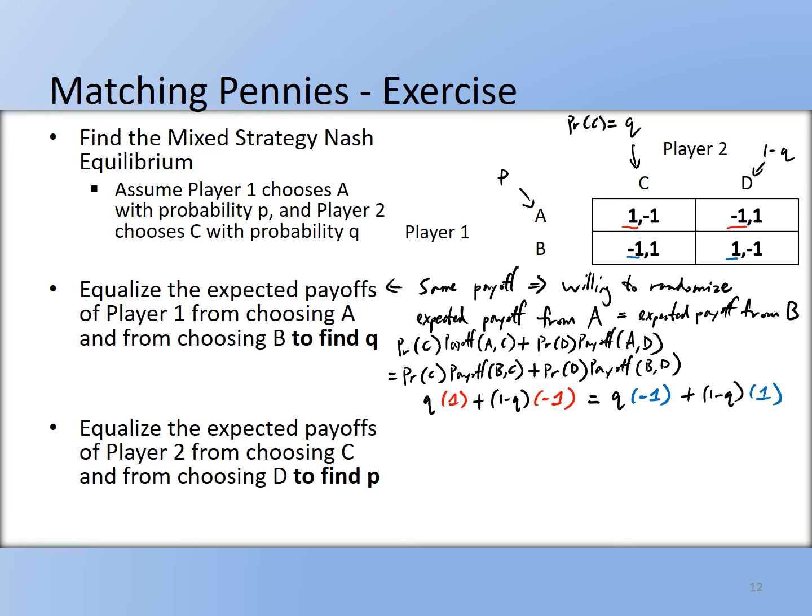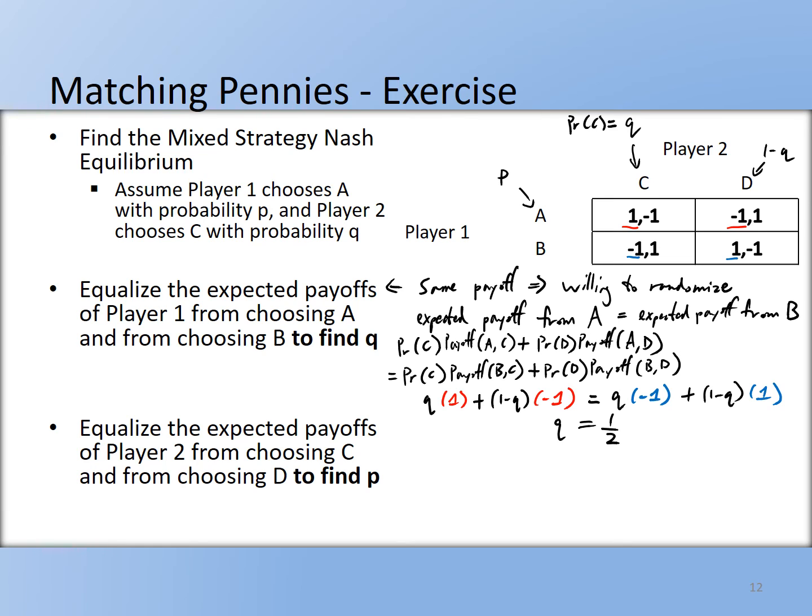So if player 1 chooses B, player 2 chooses C, player 1 is going to get -1. And if player 1 chooses B and player 2 chooses D, you're going to end up with 1 for player 1. So with these numbers, and if you rearrange, you would get Q equals to half.